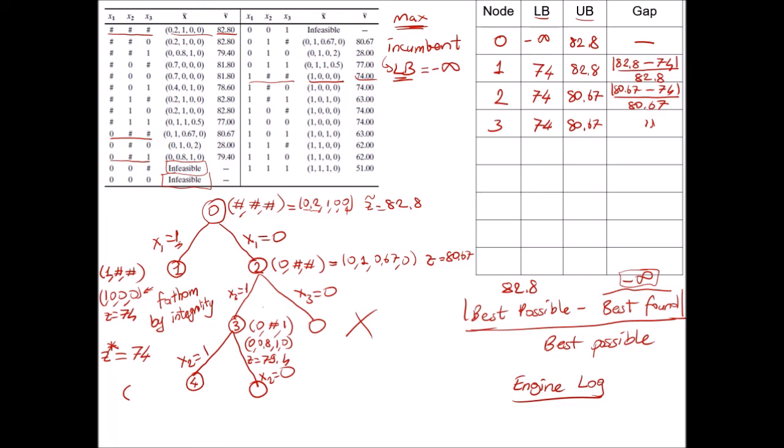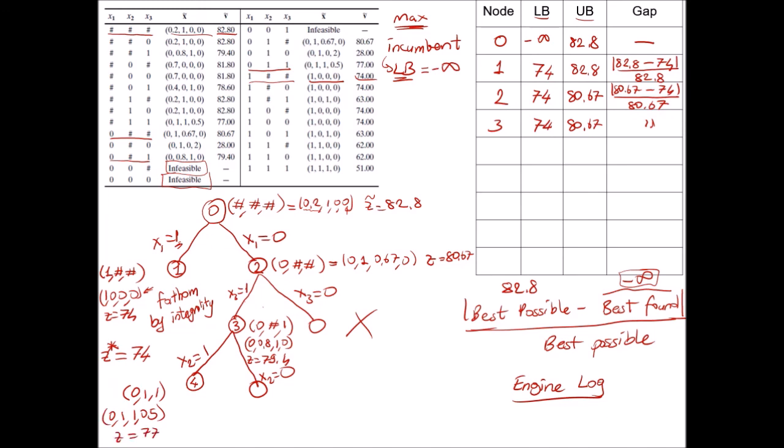If you follow the path up to the root node, you see that we fixed x1 value equal to 0, x2 value equal to 1, and x3 value equal to 1. And in the table, if you look at this 0, 1, 1, which is this one, the solution will be 0, 1, 1, 0.5, and the z value is equal to 77.